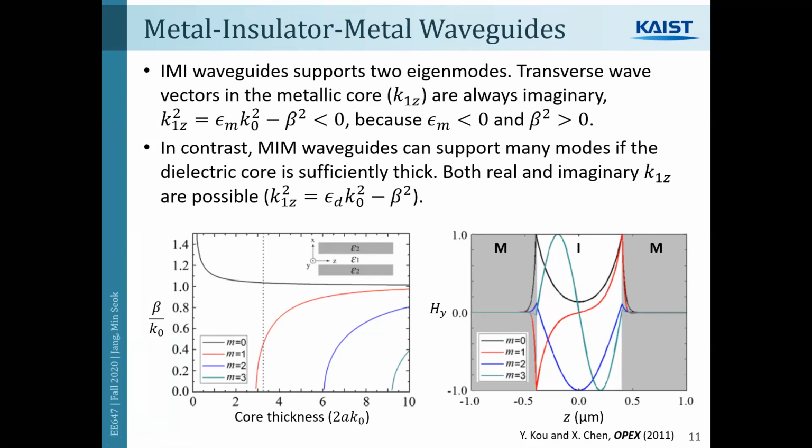Now I want to move on to the metal-insulator-metal waveguide. This is very interesting because you probably remember that when you solved the midterm exam, we had a similar problem of PEC and insulator, right? Do you remember what the fundamental TM mode was?